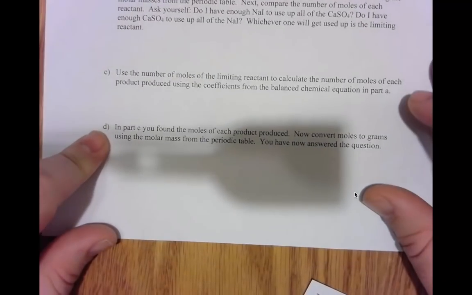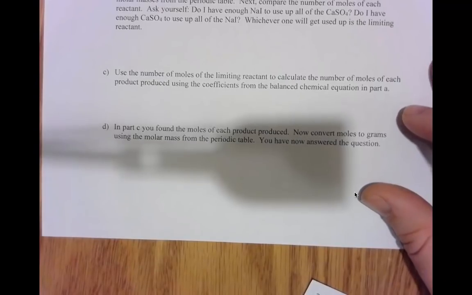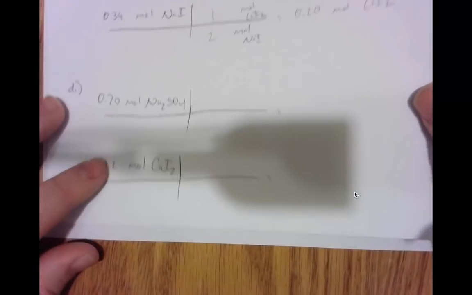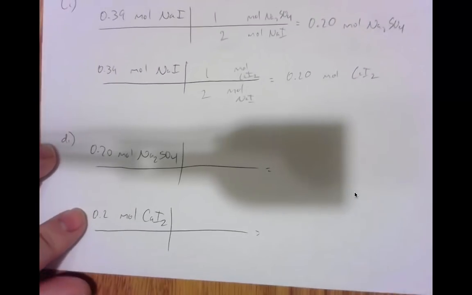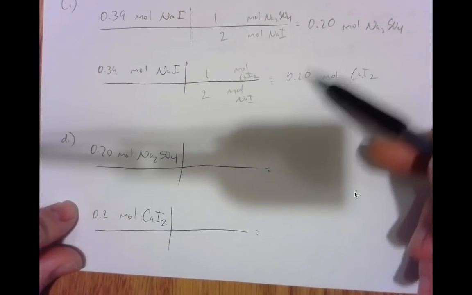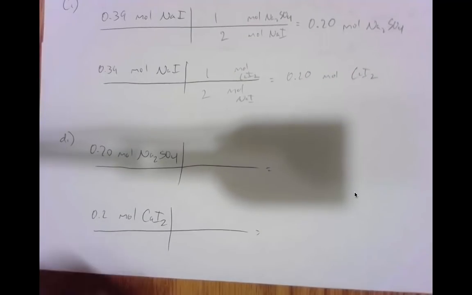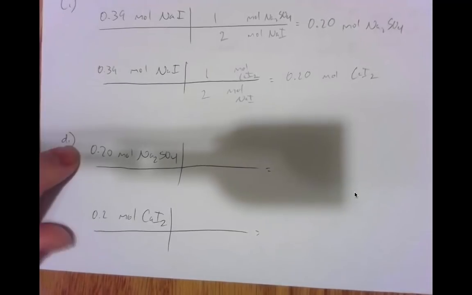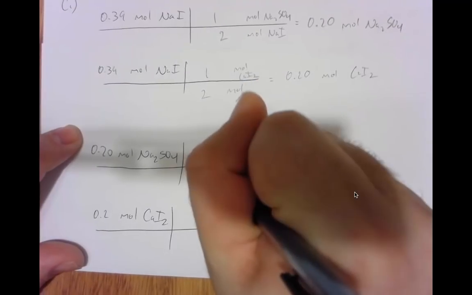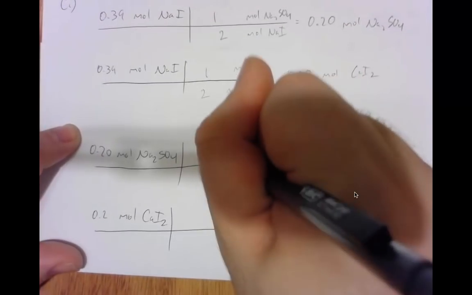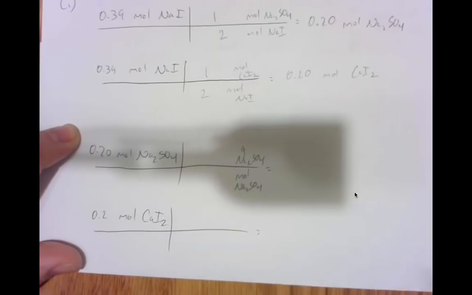Part D then asks us to convert from moles to grams to figure out how much of each product we have. So that's what you're going to see me do right here. I'm going to take the moles that I calculated in part C, and now I'm going to convert them to grams. So if we want our moles to cancel, we put our moles on the bottom, moles of sodium sulfate, and then we put our grams of sodium sulfate on the top.